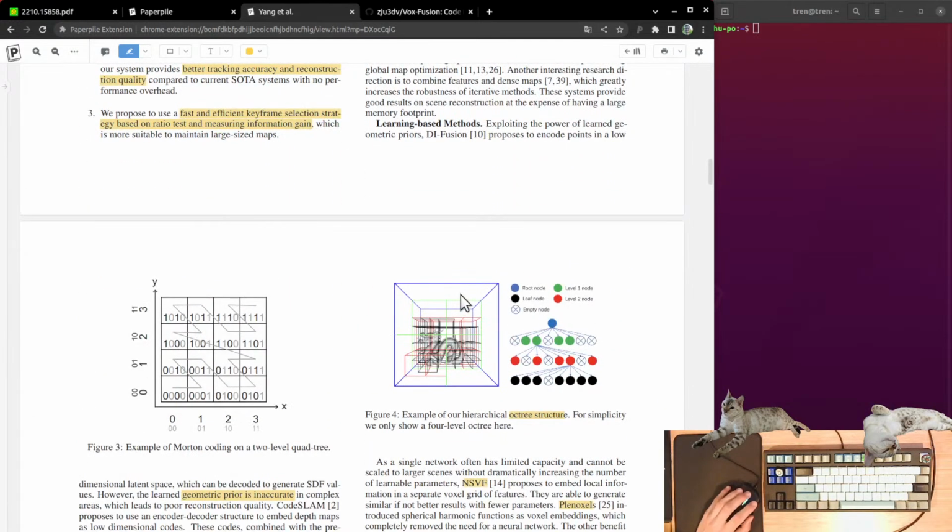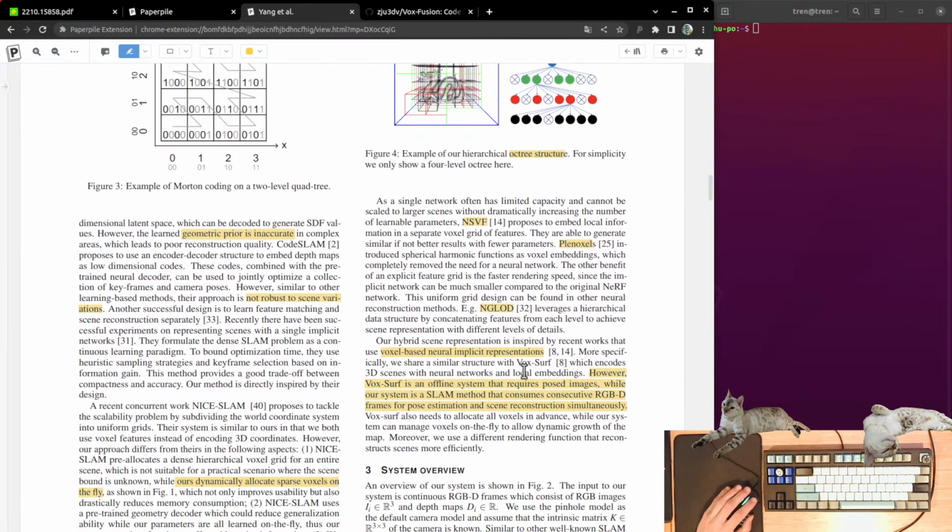But in this paper, they're not doing that. They don't require posed images, and it's an online system. It's running in real time and simultaneously creating the map while localizing itself in that map, which is, I think, a lot harder. Rather than taking a bunch of already existing pictures that have poses associated with them and then just building a NeRF from that.